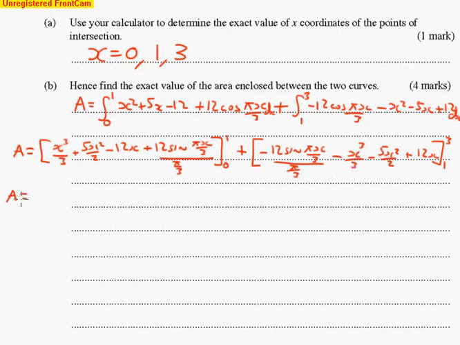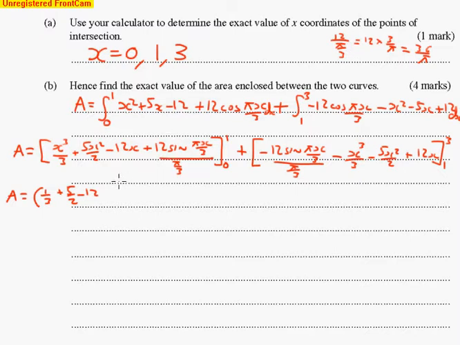So here we go. Putting 1 into this equation, I will get 1 on 3 plus 5 on 2 minus 12. Right, 12 divided by pi on 3, if I just, somewhere over here, 12 divided by pi on 3 is the same as 12 times 3 on pi, which is 36 over pi.